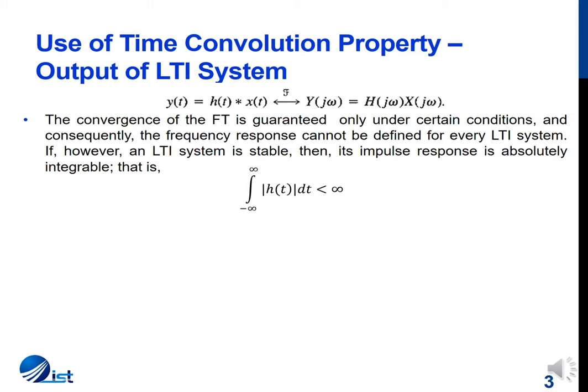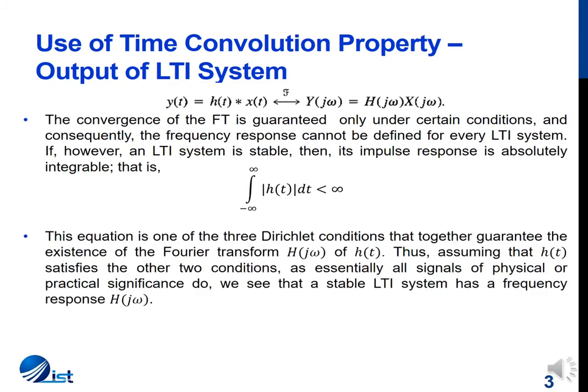So this is the same as one of the Dirichlet conditions. If the other two Dirichlet conditions, which concern the number of discontinuities, are valid, then h of t will have a Fourier transform.